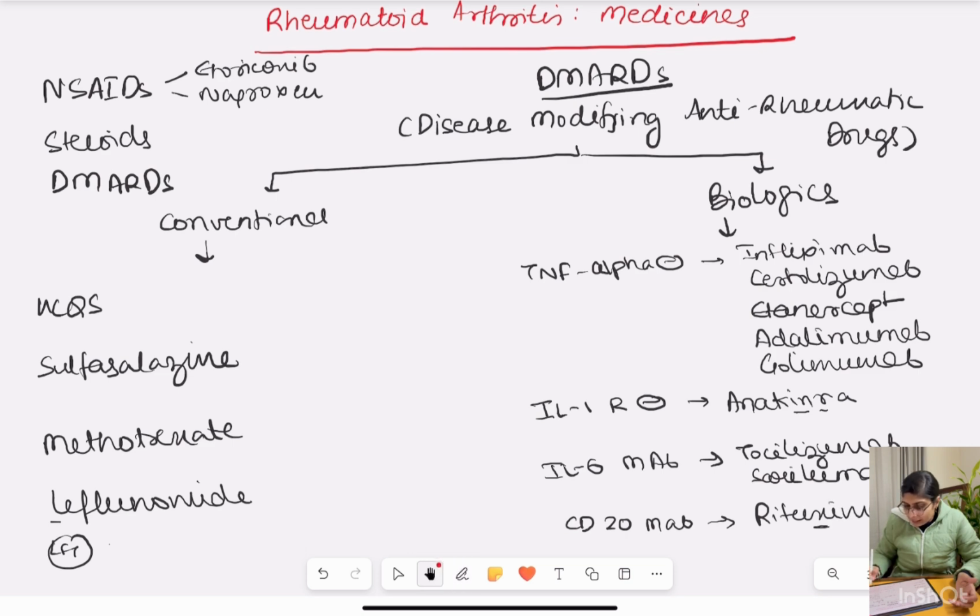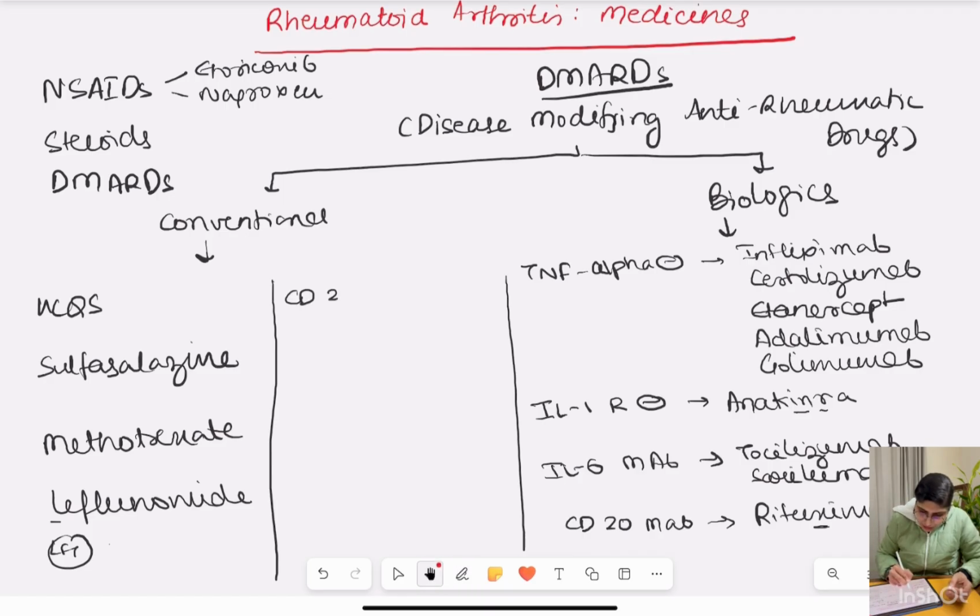Because it is a chimeric monoclonal antibody, it contains the letters XI in it. Then we have CD28 to CD80 receptor inhibitors, which is abatacept.